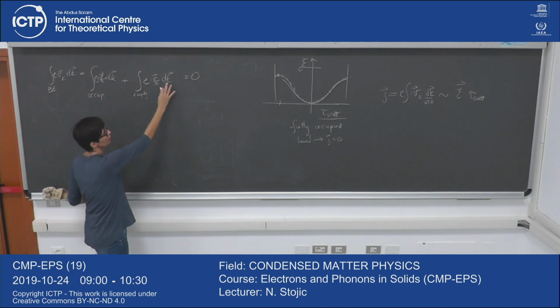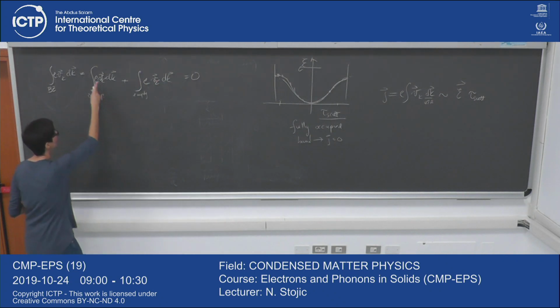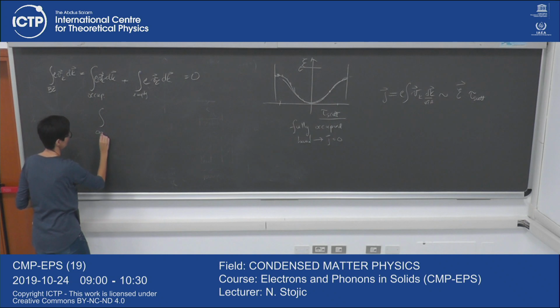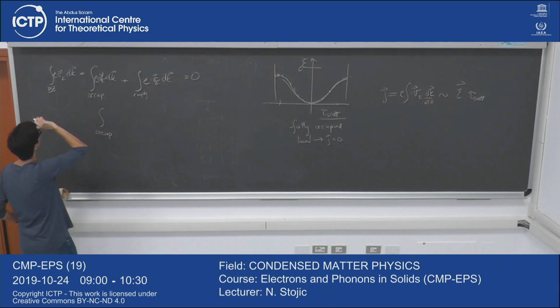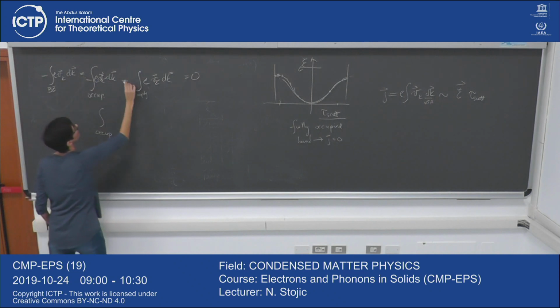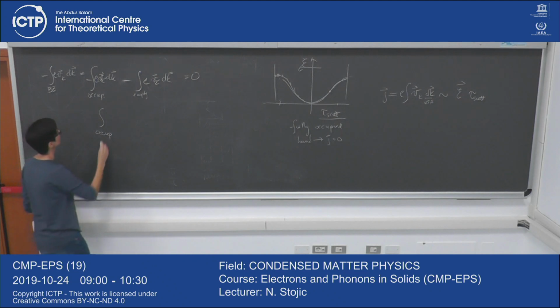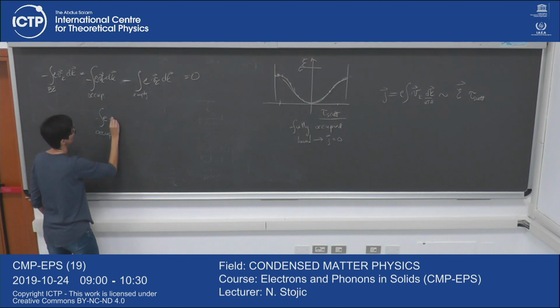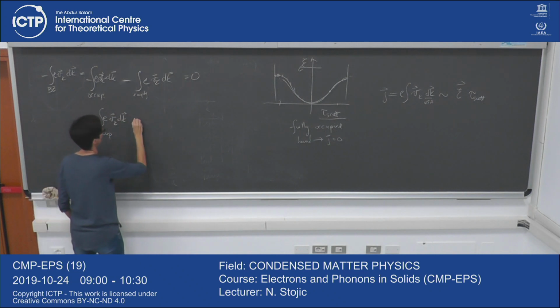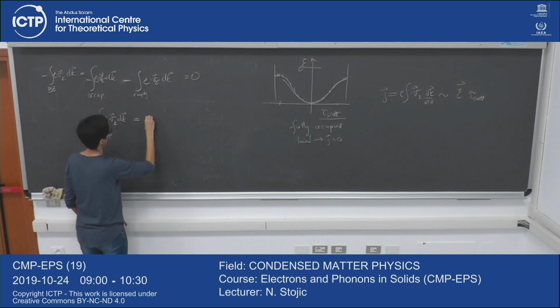Okay, if this is 0, which we just showed, I can write the current of the occupied states like this, just to keep the signs right. Minus minus gives plus.